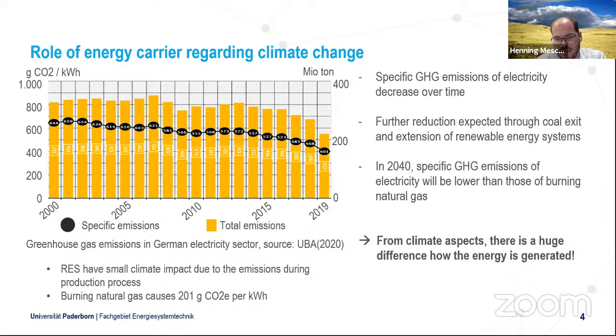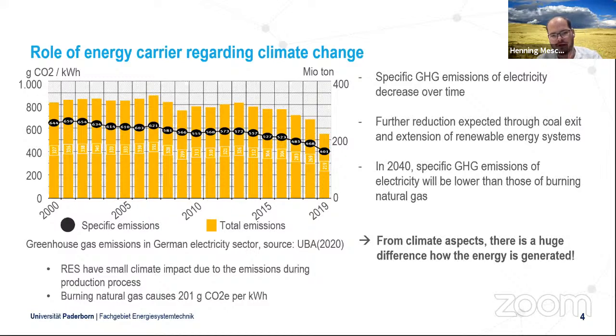So why is that important? You see that we can decrease the greenhouse gas emissions of electricity by introducing more and more renewables. Of course, renewables also cause some greenhouse gas emissions, mainly caused by the production process of these renewables and not within the operation time.